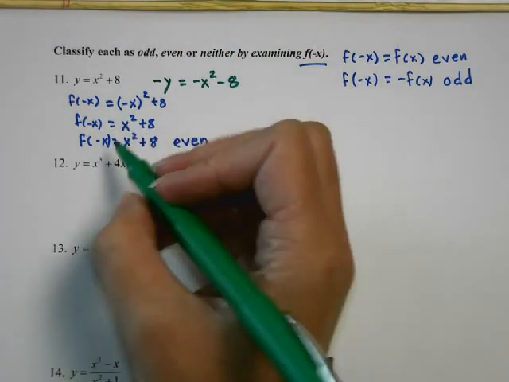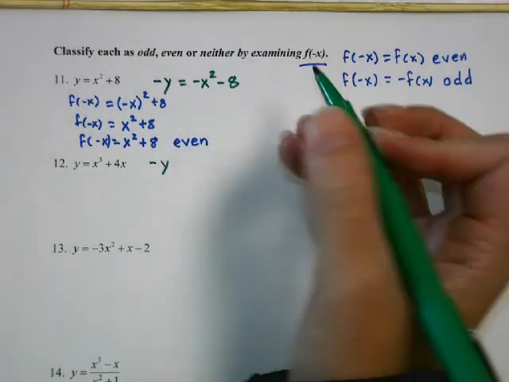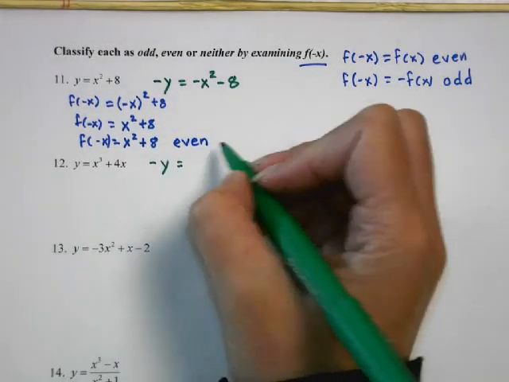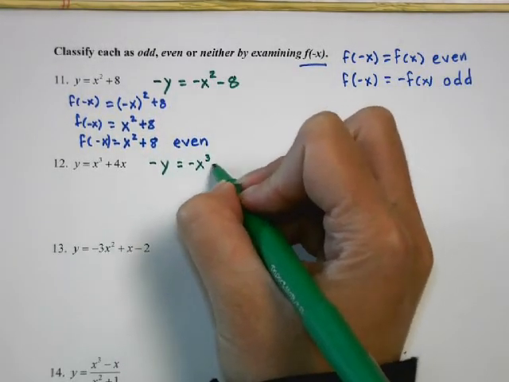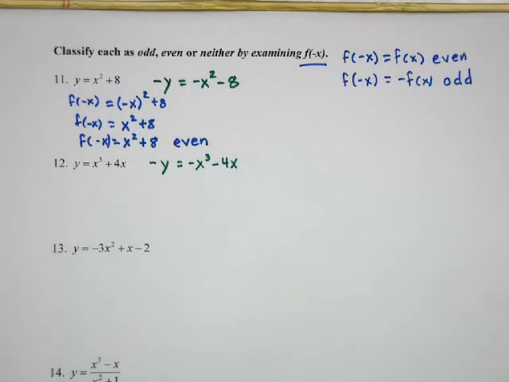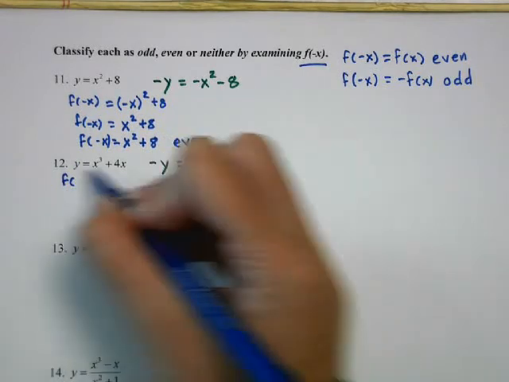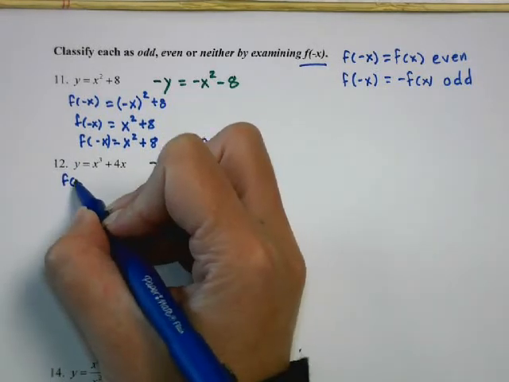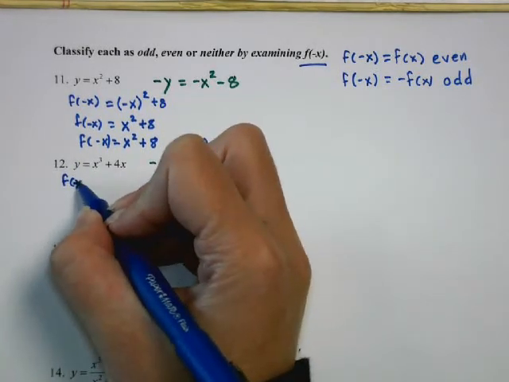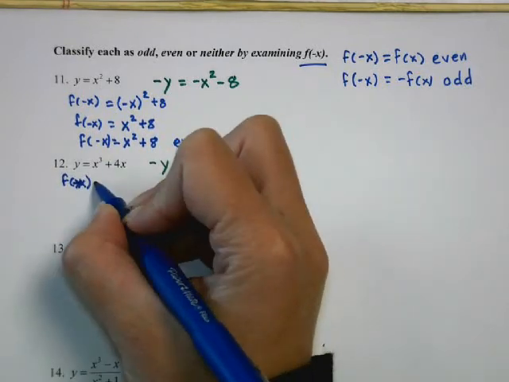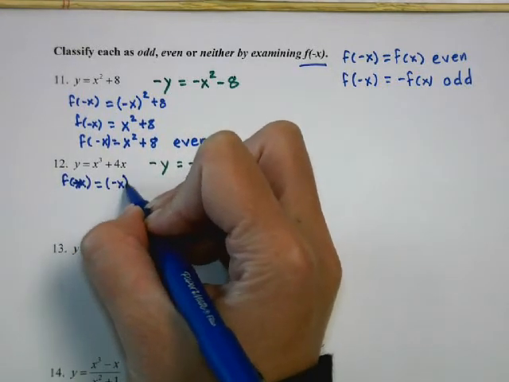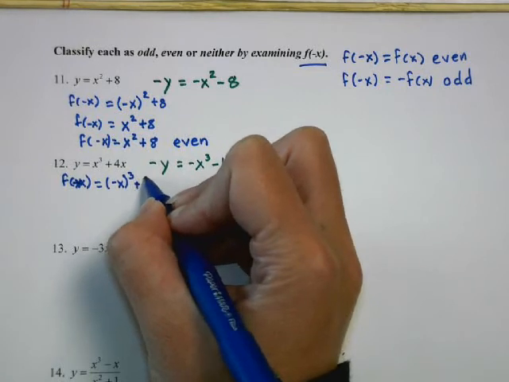The opposite function here would be negative x cubed minus 4x. Then we'll do the test. So this is just a comparison, and if you don't want to do that part, that's fine. So f of negative x, pretend that's a negative x, equals negative x cubed plus 4 times negative x.